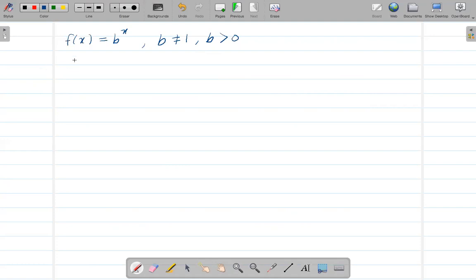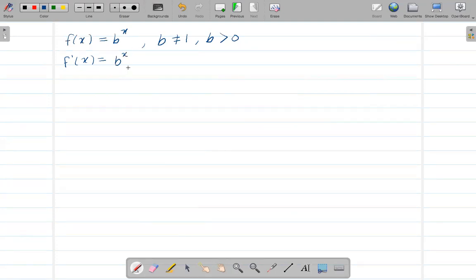Now, when you take the derivative of these kind of functions, I'm not going to show the proof of this, but you can just memorize this. When you take the derivative of these kind of exponential functions, we still write the same thing first.